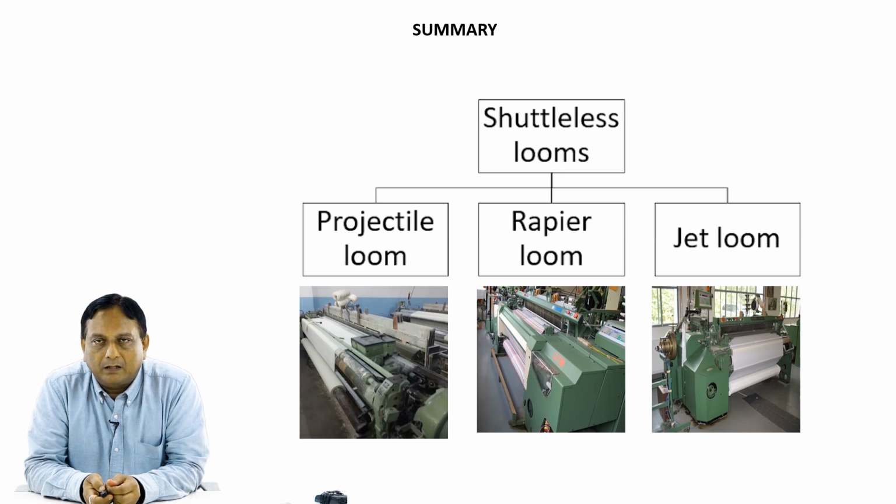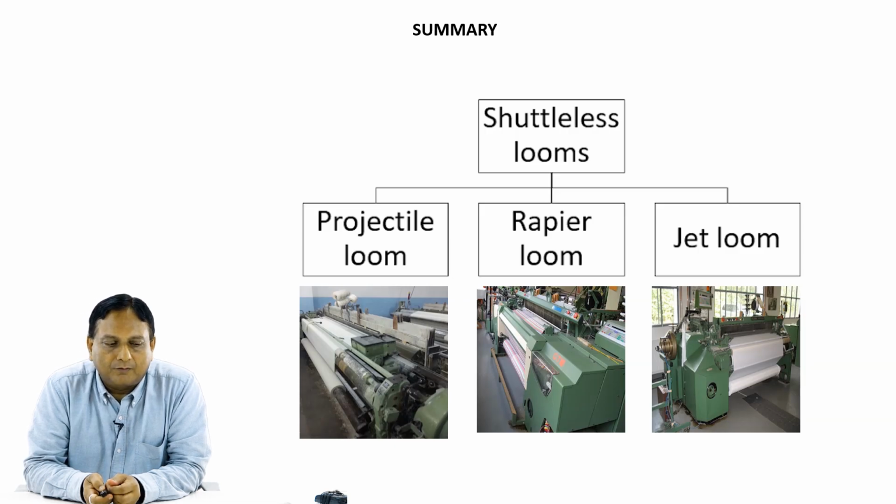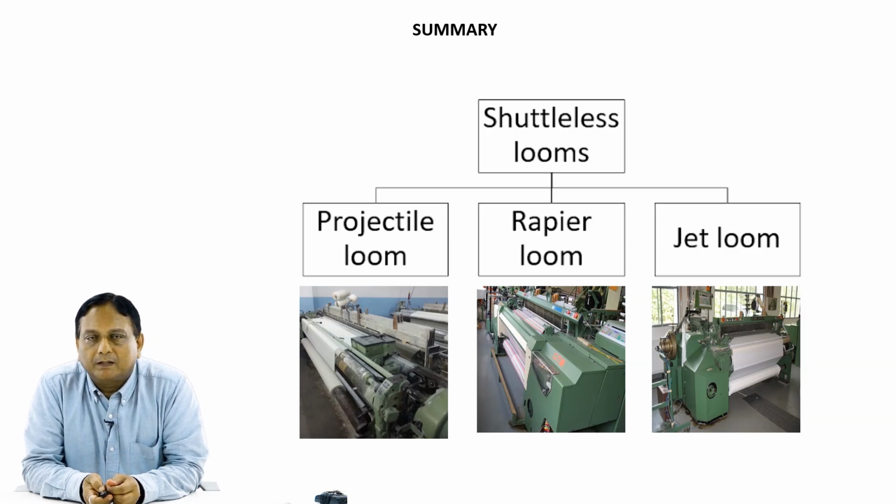And also the hazards associated with the shuttle loom are that in many cases shuttle flying takes place, and in the case of the shuttle-less loom, such accidental injuries are very few because shuttle flying is not there. So these are the different aspects of the shuttle loom and the shuttle-less loom that we have seen here.